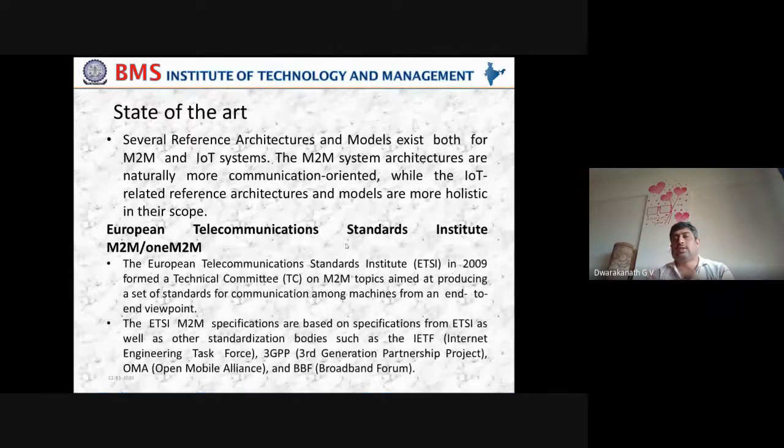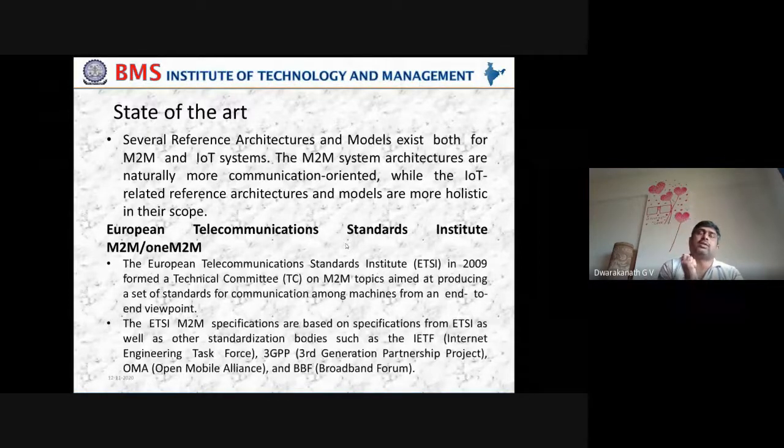There are many architectures which you can follow, especially for M2M, meaning machine to machine system architecture. The communication plays a very important role. But in IoT reference architectures, the models are more holistic in their scope.